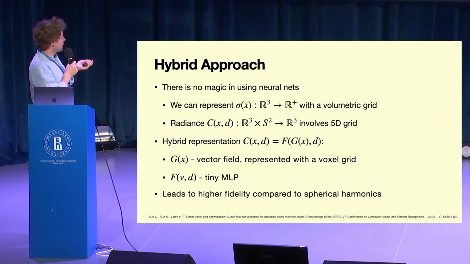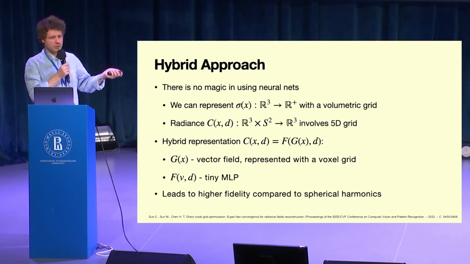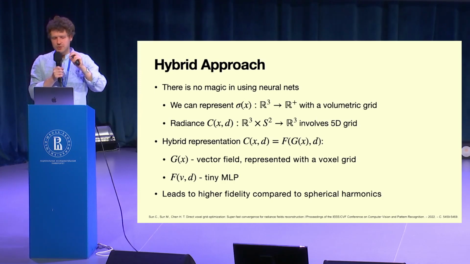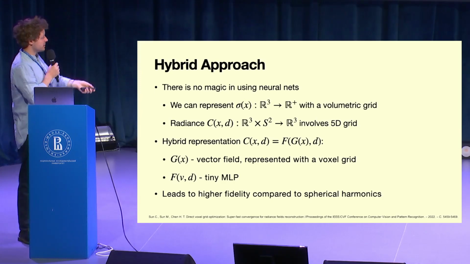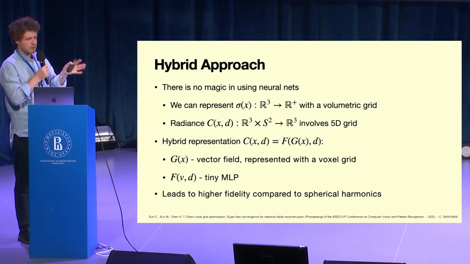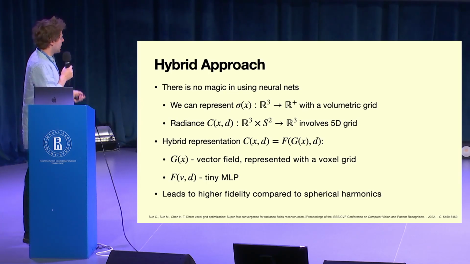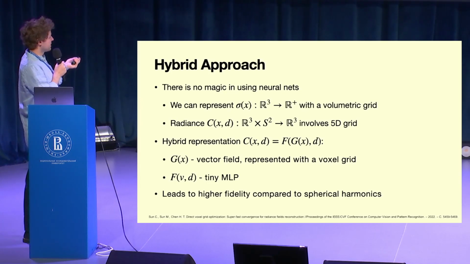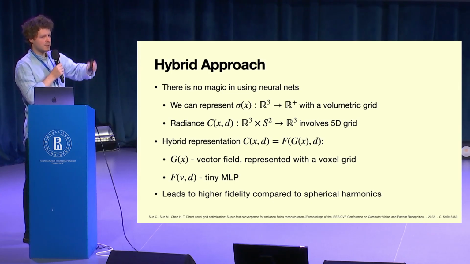We'll use a volumetric representation for the radiance function. We'll store an embedding vector at each spatial point. I'll call these vector embeddings g of x. They are very fast to retrieve. These are vectors like 12-dimensional.